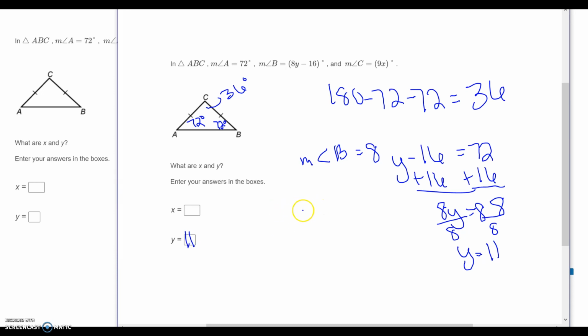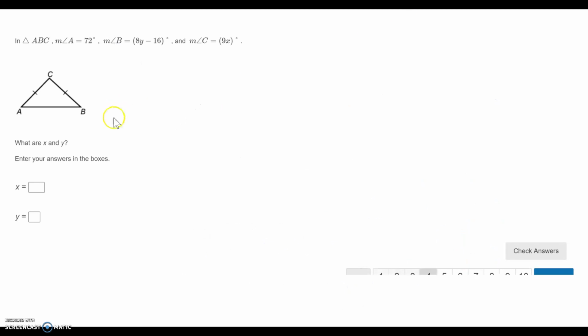We know that C is 36, so 9x equals 36. Divide by 9 on both sides, and x equals 4.